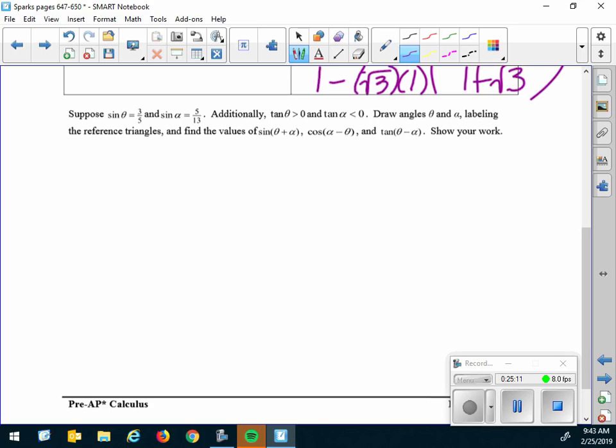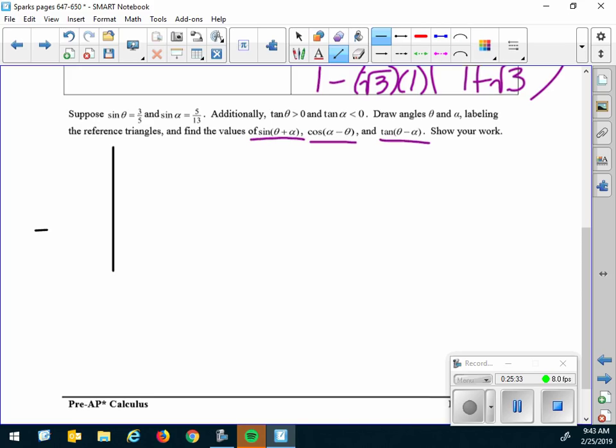Suppose sine of theta is 3/5 and sine of alpha is 5/13. Additionally, tangent of theta is positive and tangent of alpha is negative. Draw angles theta and alpha, labeling your reference triangles, and find these three things. Okay, here we go.